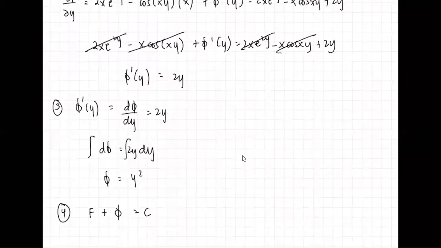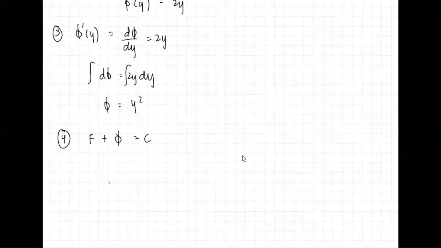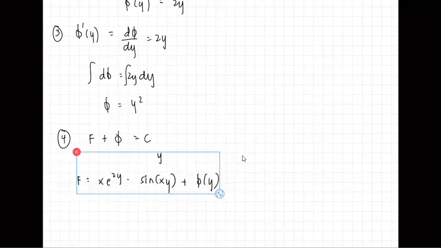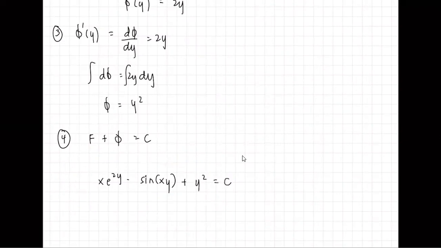Okay. So, yung phi natin, ang value na is y squared is equals to C. So, this will be our equation. Okay?